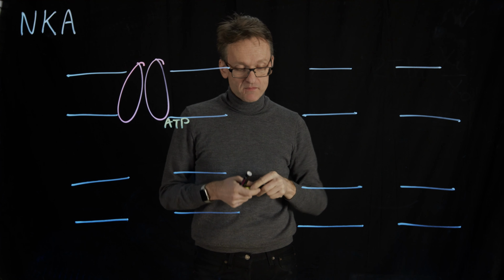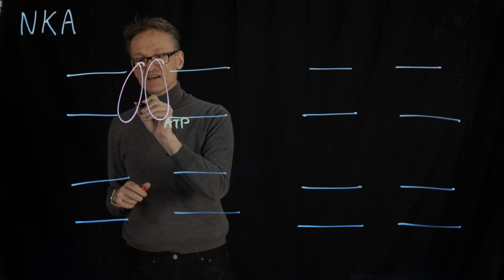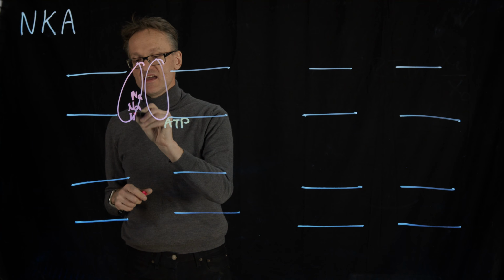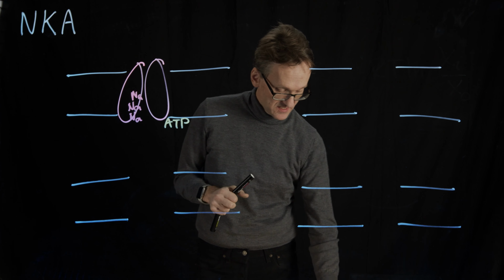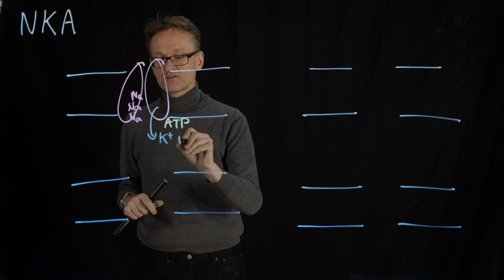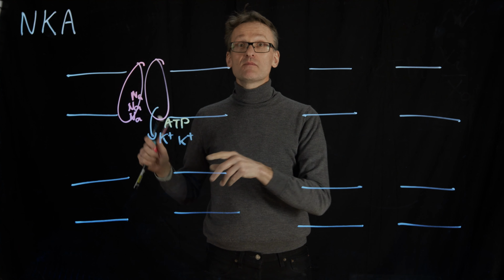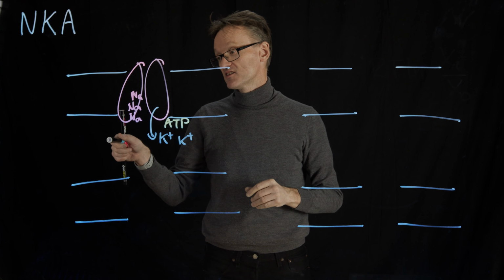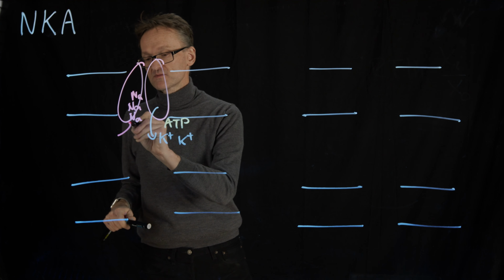And when I am binding ATP, I also bind 3 Na. While I'm binding those Na, at the same time, I am releasing 2 potassium ions. So that's a process that's kind of happening in one go. Binding ATP, and as a consequence, I release 2 potassiums and I bind 3 sodiums.